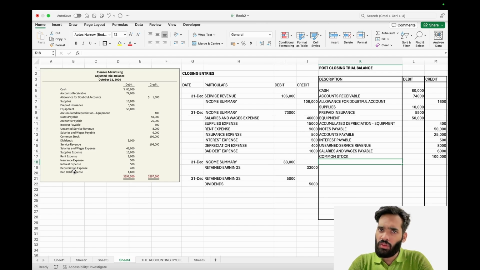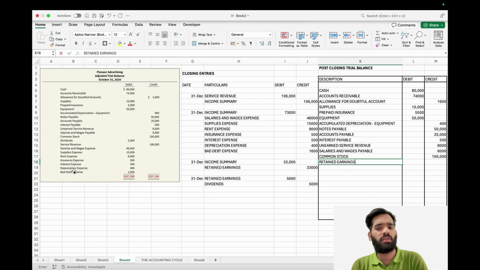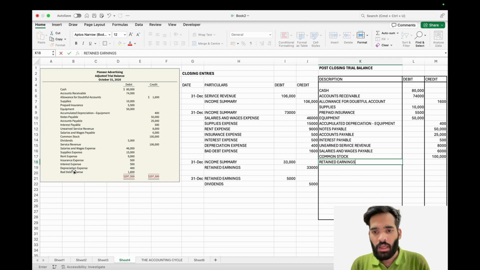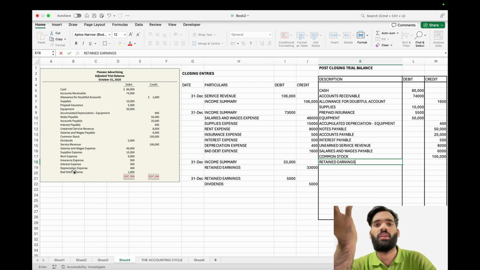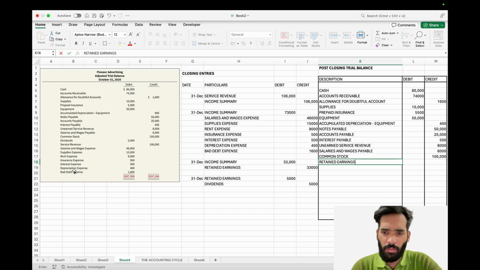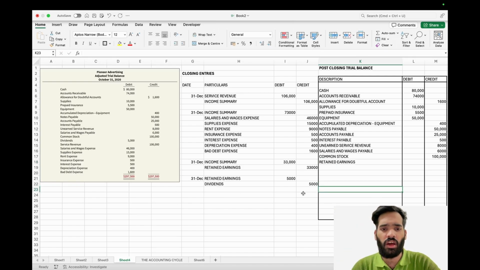If it was zero before this accounting period, which can be for many reasons, probably this is the first year of the business, so they haven't made any profit before this accounting period. So no worries, we will write the retained earnings ourselves. And as we know, retained earnings is the account that contains the profit that has not been paid to the shareholders. So let's think about what we did to retained earnings in our closing entries.